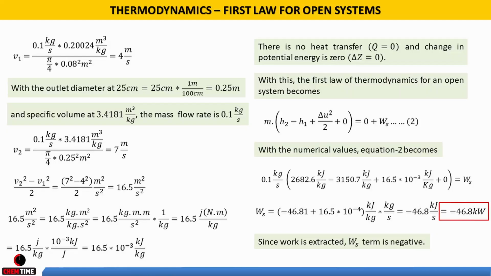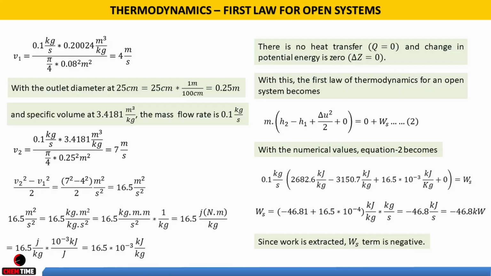Since work is extracted from the turbine, Ws is shown as negative. If we look at the problem and the magnitude of the specific enthalpy change and specific change in kinetic energy, the specific change in enthalpy is minus 468.1 and the specific change in kinetic energy is 16.5 into 10 power minus 3.